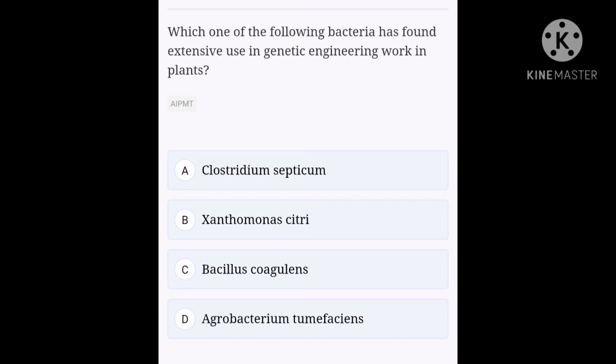This disease has come to be recognized in recent years as being caused by a DNA plasmid carried by the bacterium and transferred to the plants. Following the discovery of the relationship between crown gall and the Ti plasmid, this plasmid has come to be widely used in plant genetic engineering as a vector in order to inject a novel gene in a host plant to form a transgenic plant. And the correct answer for this question is D, Agrobacterium tumefaciens.